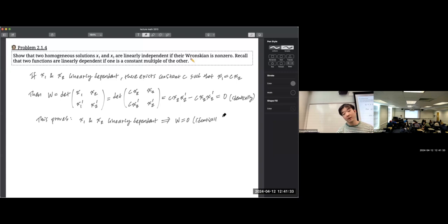Just straight up 0. But what we want to prove is that if two homogeneous solutions are linearly independent, then their Wronskian is non-zero. Well, if you remember from your logic, the contrapositive of this would always be true.